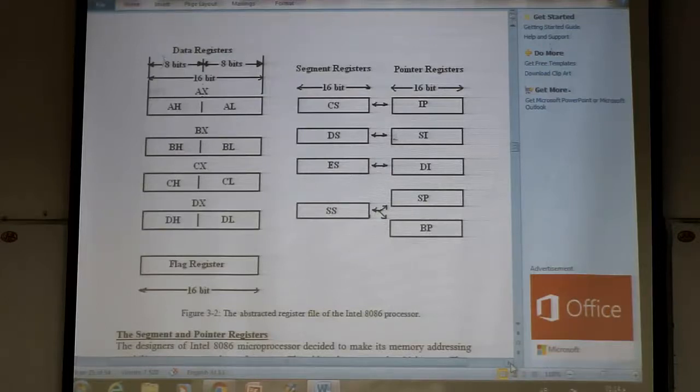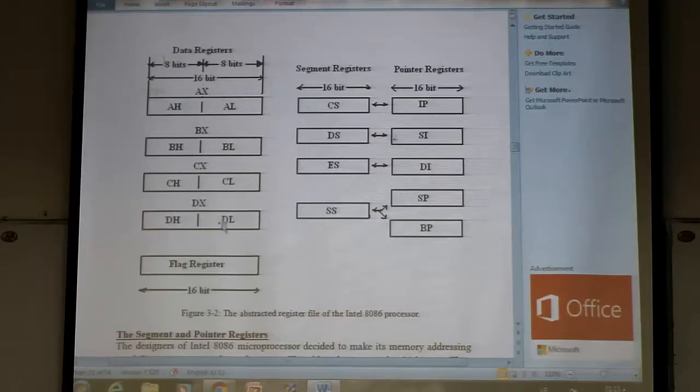We say AX, BX, CX, DX in order to distinguish them from AH and AL, BL and BH, CL and CH, DL and DH. AX means it is a 16-bit register. AL is the low byte of the register. AH is the high byte of the register. The same applies for BX, CX, and DX.